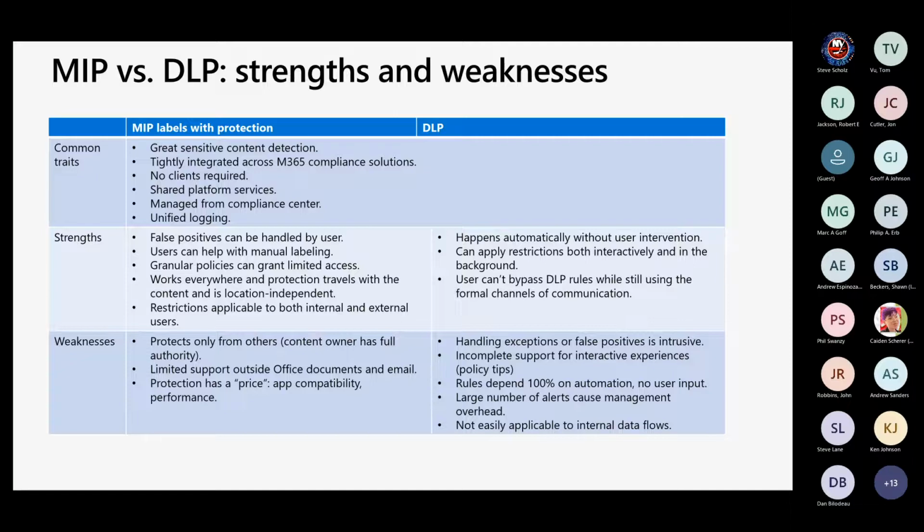Last but not the least, on the DLP side for the weaknesses here, if there's a false positive, it's a little bit more intrusive in the sense that you have to go through and investigate within the information type itself, find the source data, find the surrounding characters to ensure that this is actually an exception or this is a false positive.